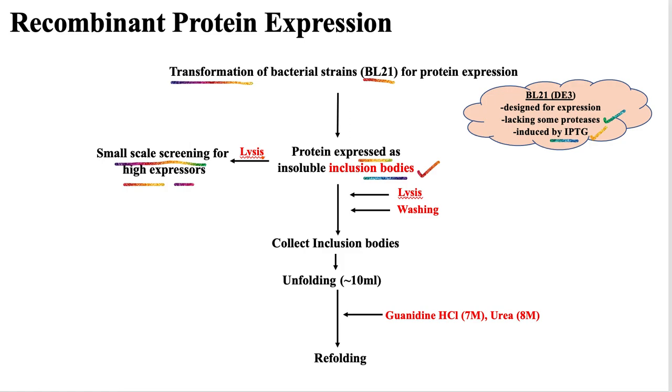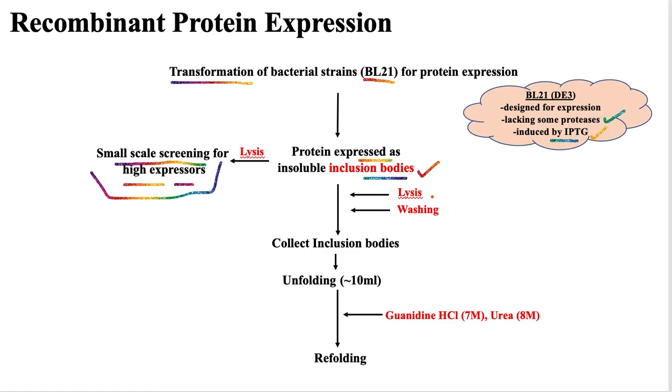Meaning that we have to use that particular bacterial colony that is good at expressing our protein of interest. That's why we do this small scale screening for high expressors. Once we identify these high expressors, then we use that particular colony for a scale-up process.